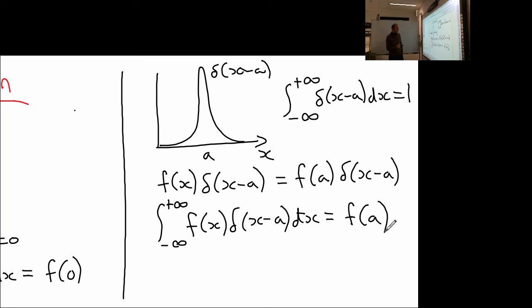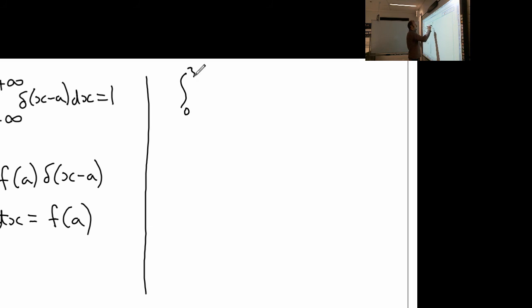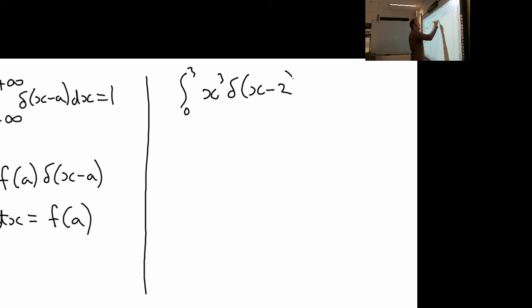Now, what we want to do is just put this into practice so you can see how it works. So let's consider that we have the integral from 0 to 3 of x cubed times the delta function of x minus 2 dx.